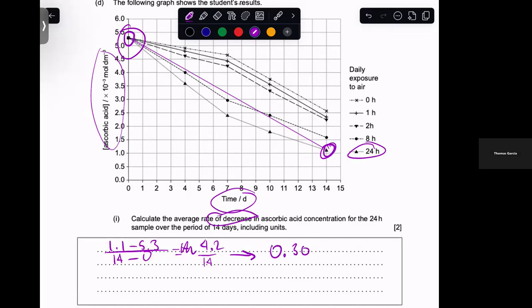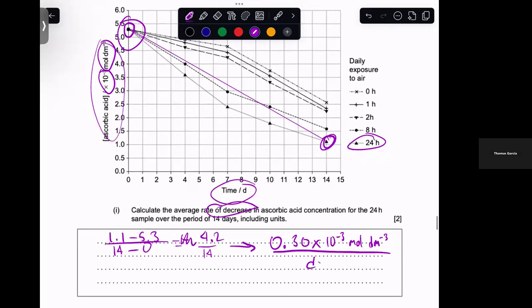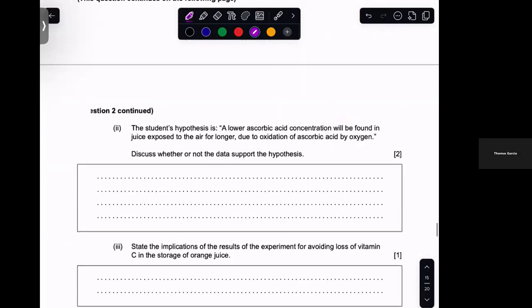Now, that is not fully correct. First off, we know that it is times 10 to the negative third moles per decimeter cubed. So we have to add that back, times 10 to the negative third mole decimeter cubed, and that is divided by our time unit, which is day. So you needed to have your units, your scientific notation, all correct to get the full points.